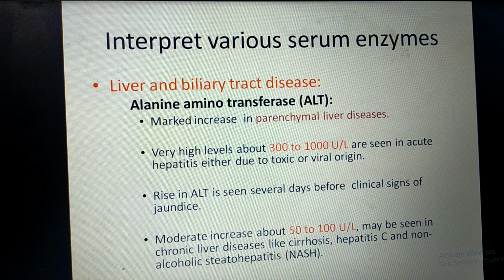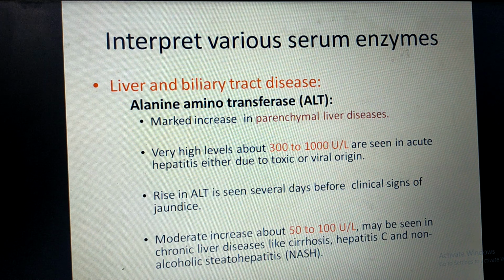And second thing is that the rise in ALT is seen much early. That means before the clinical signs of jaundice. All of us know that in liver diseases, the metabolism of bilirubin is hampered.